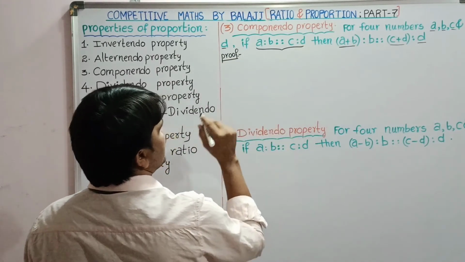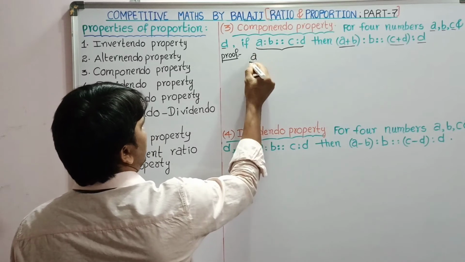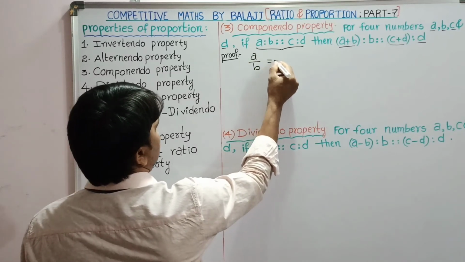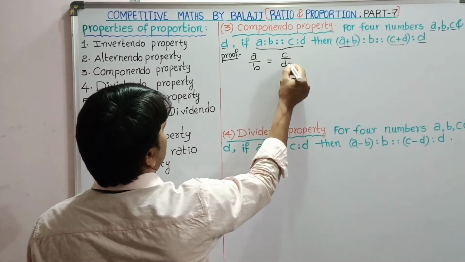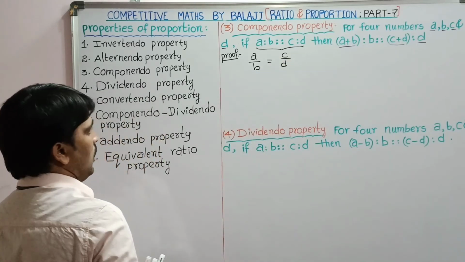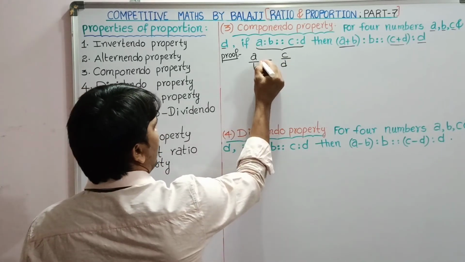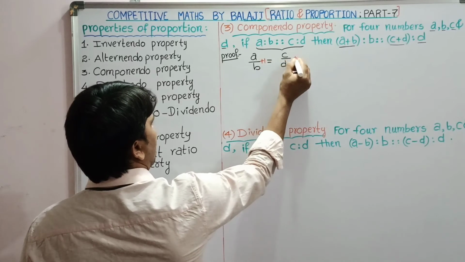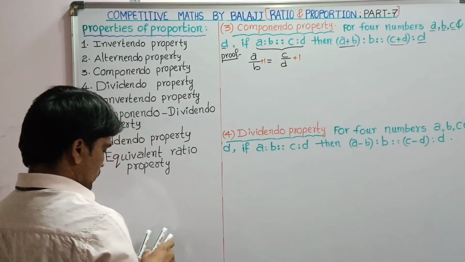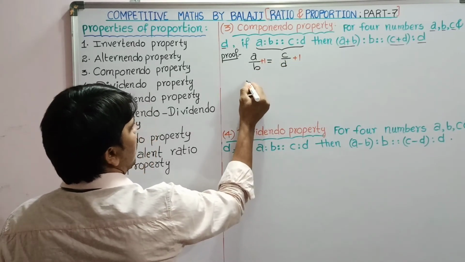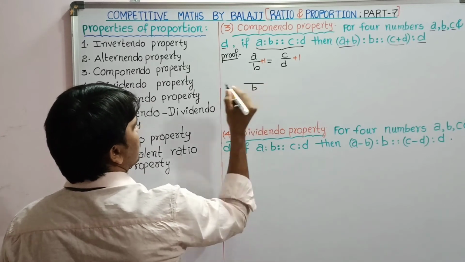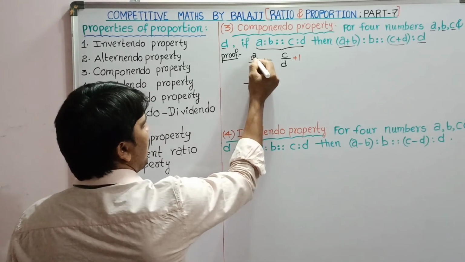Given A, B, C, D are in proportion, then it can be written as A by B equal to C by D. Okay. Add 1 on both sides. Then on the LHS, B is the LCM.